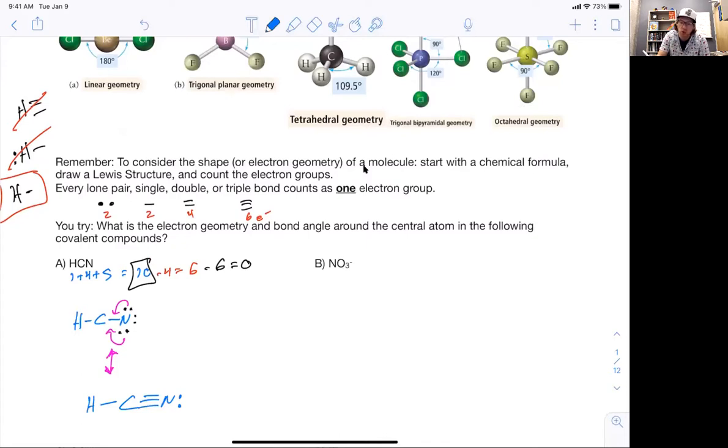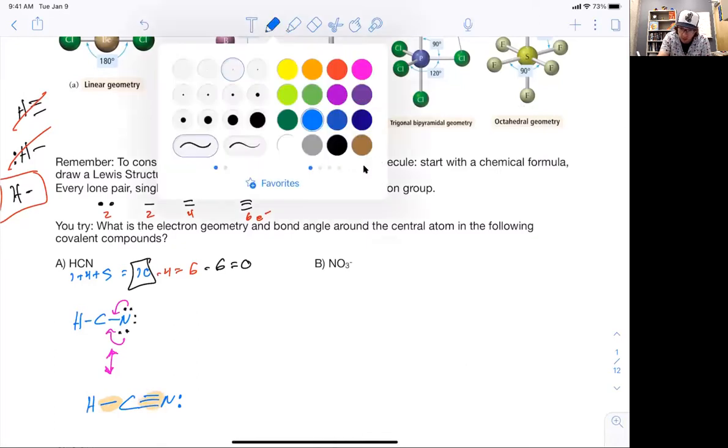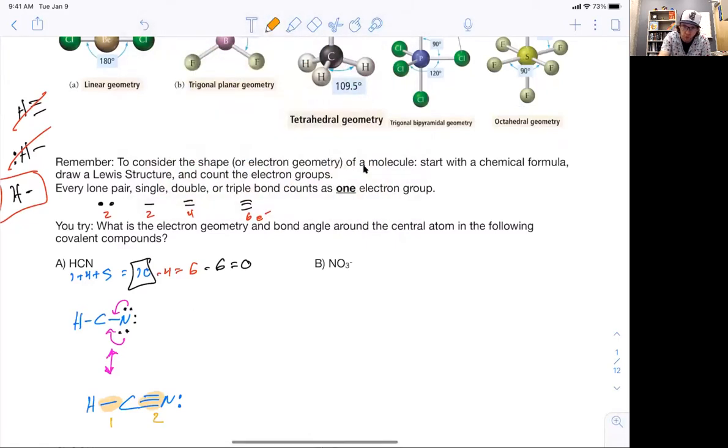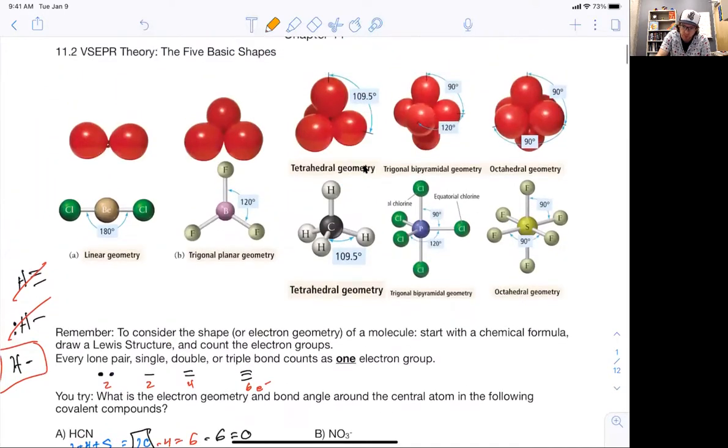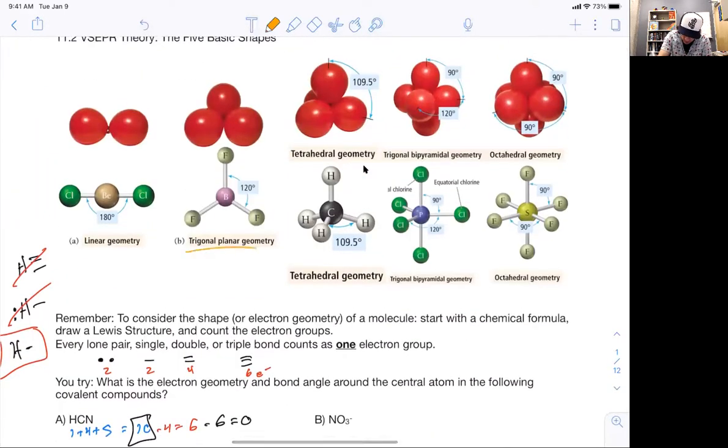This is the best Lewis structure for HCN. So we draw a Lewis structure and then we count electron groups. We've got 2 regions of electrons. We've got a single bond over here. We've got a triple bond over there. That looks an awful lot like 2 electron groups. I'm going to get rid of those numbers because we don't really need those. 2 electron groups looks like a linear geometry, right?